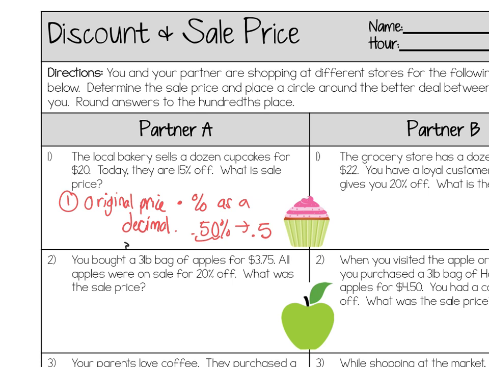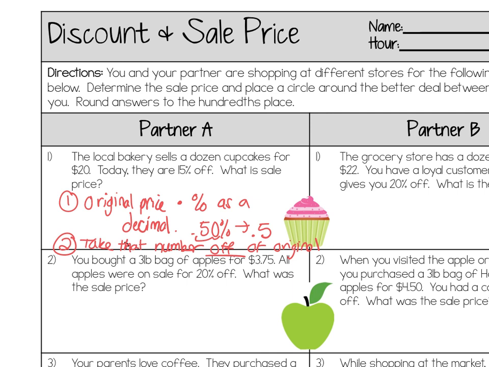So that's your first step. Once you get that number, whatever it may be, okay, then what you are going to do is take that number off your original price. Okay? Because that is how much is to be taken off the original price, okay?